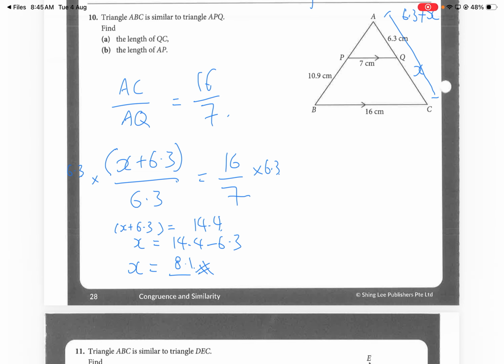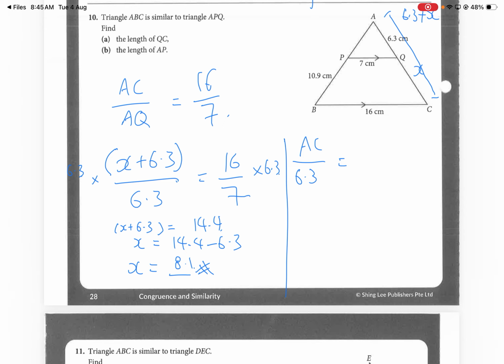Okay, if you find it very difficult to do any question with algebra, can I do all this without algebra? Also can. So from this step onwards, I don't put AC as X plus 6.3. I leave AC as AC first. I find AC over 6.3.